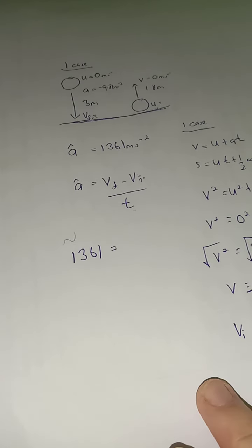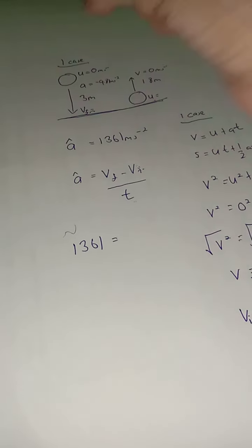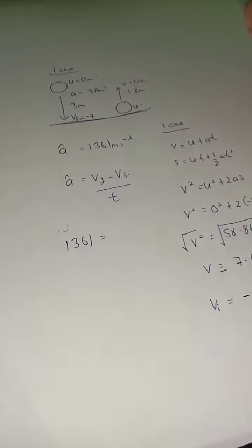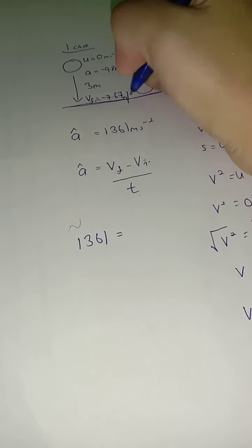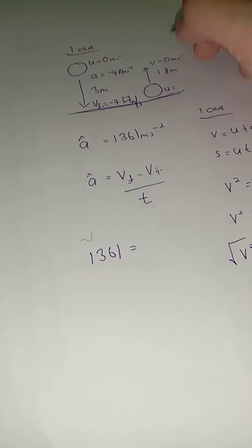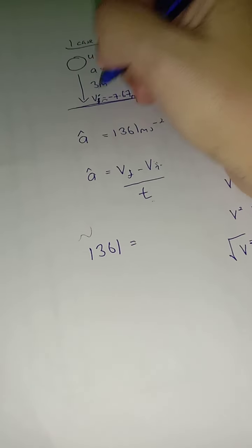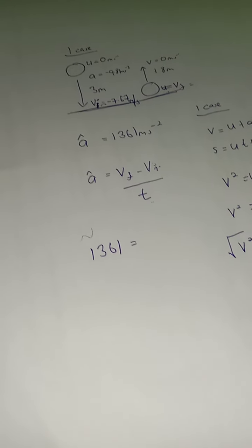So we go back to our average acceleration formula. My V initial is negative 7.67 meters per second, and my V final here is 5.9427.